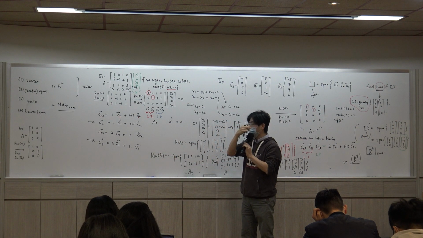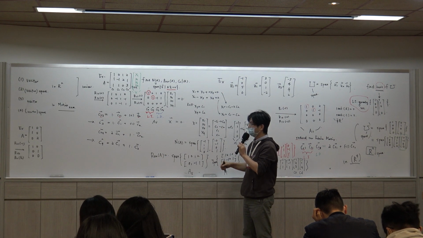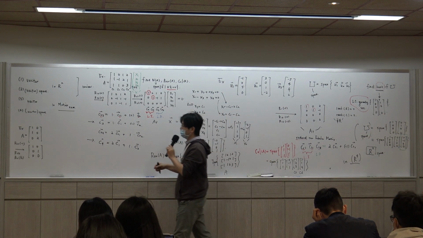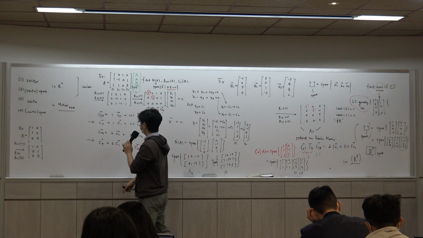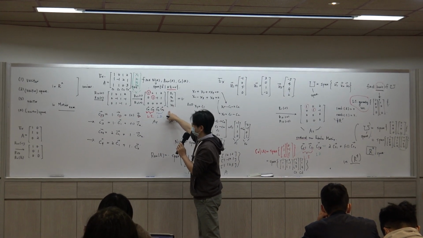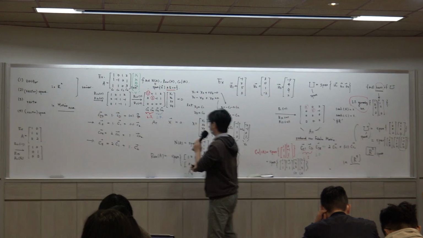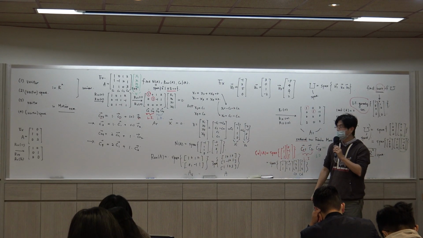I think most textbooks don't mention this. So we designed an example to tell why we cannot use the column vectors in a reduced echelon to describe the color space.